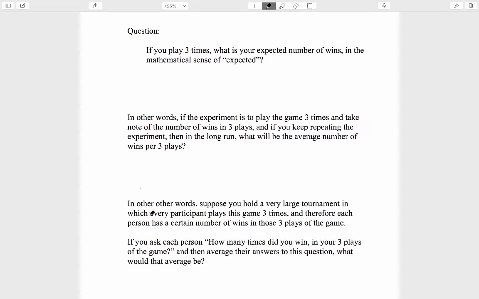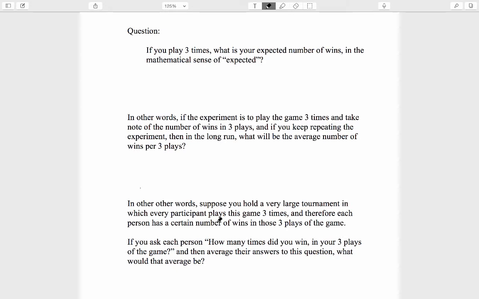Or, in other words, here's another formulation. Suppose you hold a very large tournament devoted to this game in which every participant plays the game 3 times, and therefore, each person has a certain number of wins in those 3 plays of the game. If you ask each person on their way out of the tournament, how many times did you win in your 3 plays of the game?